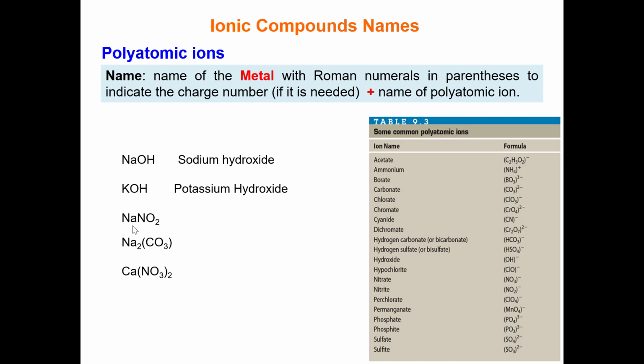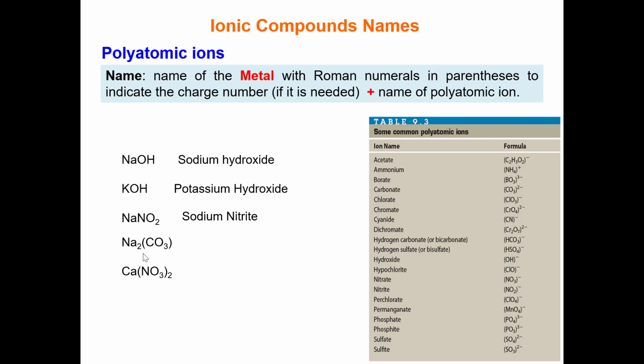Here will be sodium, and then we need to find this polyatomic ion in the list, which is nitrate. Then we just write the name: sodium nitrate. Then here we have sodium.